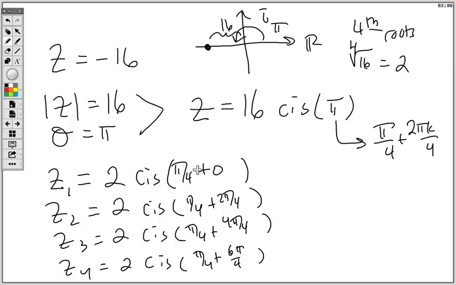Okay, so I take the fourth root of the modulus, I divide the angle by 4, and then I add 2 pi over 4s as I go down. So plus 2 pi over 4, plus another 2 pi over 4, plus another 2 pi over 4. And now we're going to simplify all this.